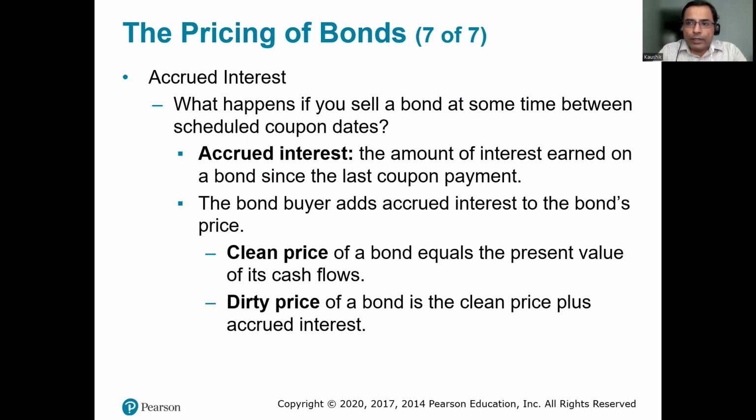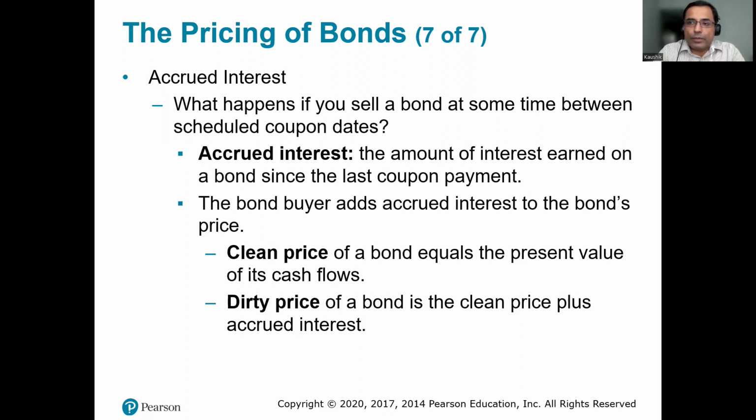So what is accrued interest? Accrued interest means when I sell a bond at a time between two coupon dates, then there would be some interest applicable since the last coupon payment. So that is called the accrued interest. So when I'm selling or buying a bond, I will have the bond price based on the present value of future cash flows.